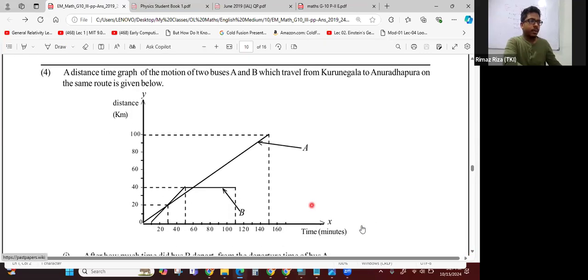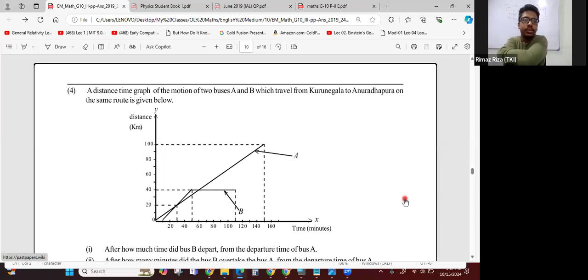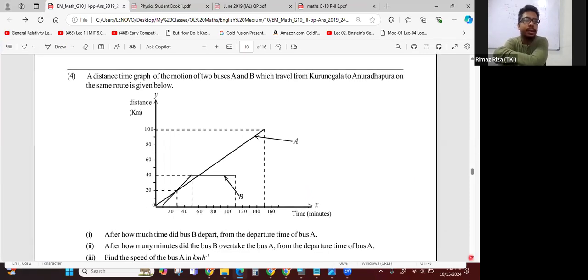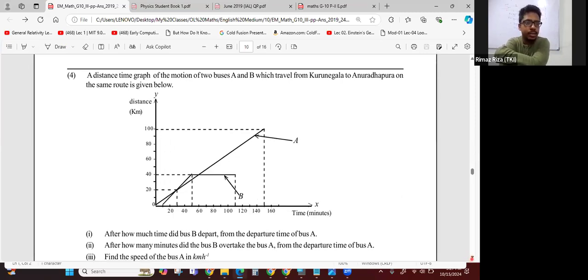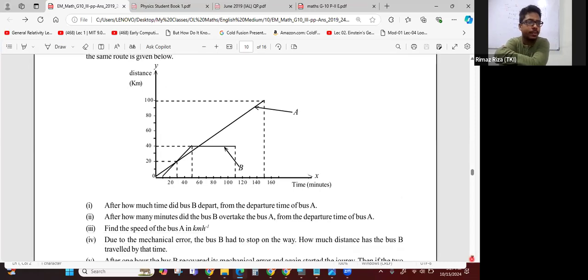A distance time graph of the motion of two buses A and B which travel from Kurunegala to Anuradhapura on the same route is given below. So two buses A and B travel from Kurunegala to Anuradhapura, and their variation is given in this distance time graph. Problem number 1. After how much time does bus B depart from the departure time of bus A?